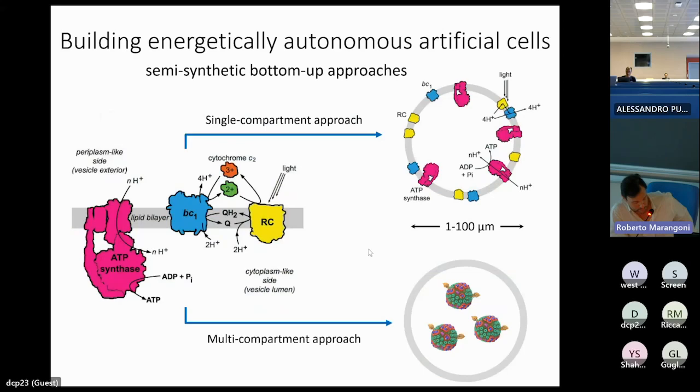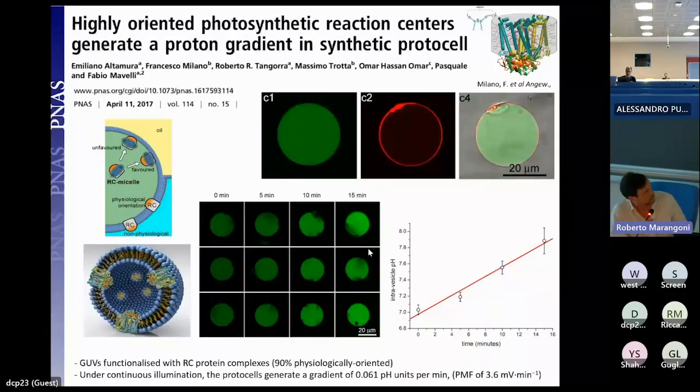We start from the single-compartment approach. This is our first result. In this case, we reconstitute the reaction center into the membrane of the giant vesicle. We use a reaction center that was labeled with a fluorescent probe, and you can see that the membrane is red because the labeled reaction center goes into the membrane.